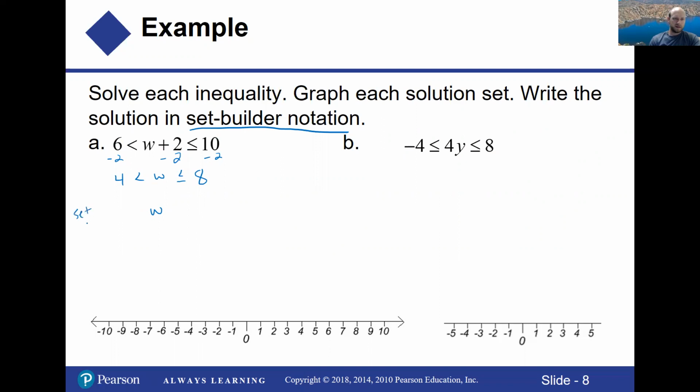Now, set builder means, well, actually, let's do set builder right now. So set builder means what numbers in this set would work. Well, pretty much anything between 4 and 8. That's what this means. So it's going to be like this. I'm going to have a set bracket symbol.